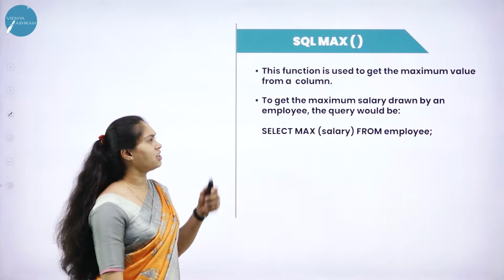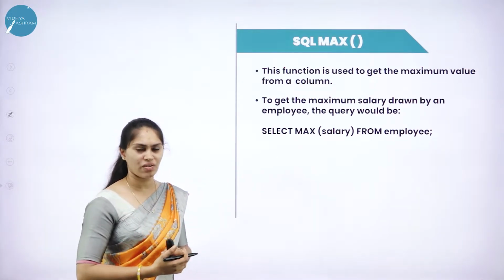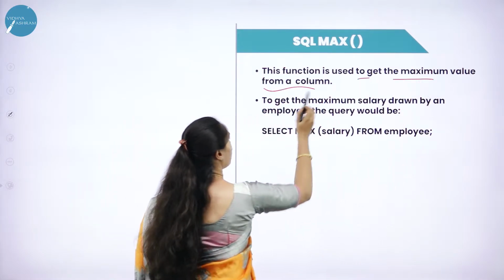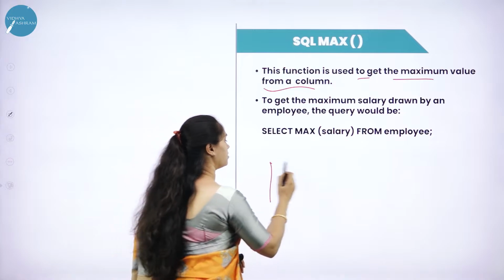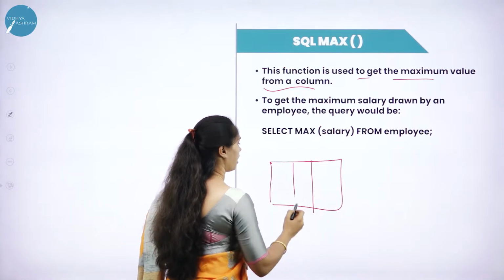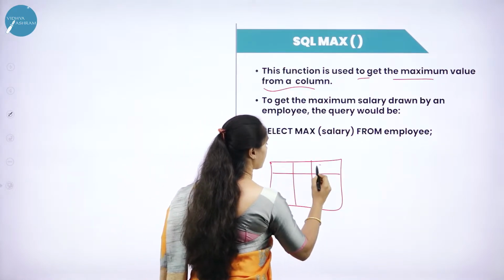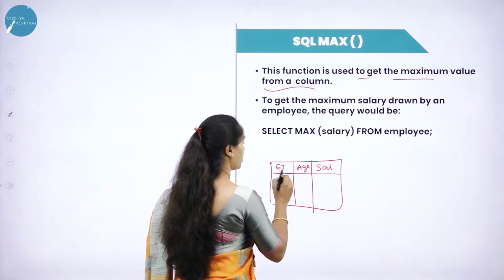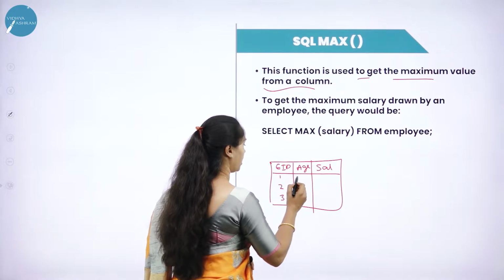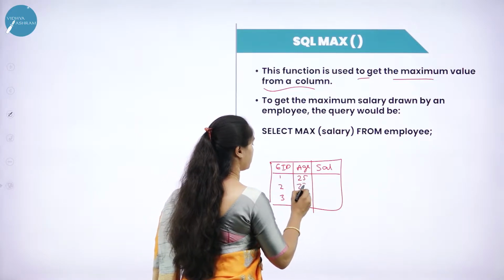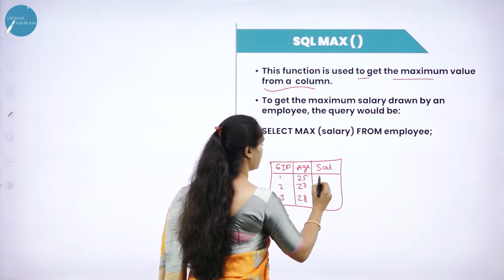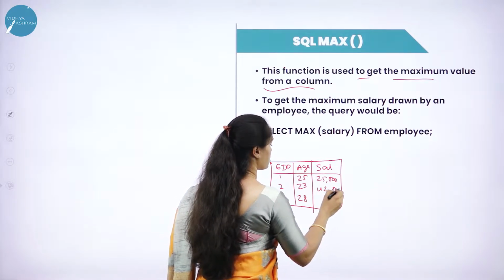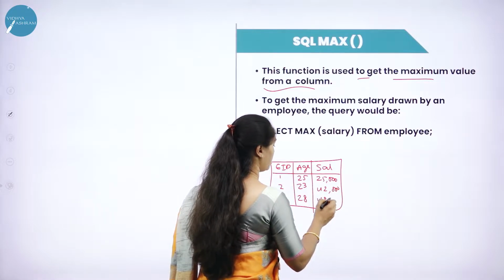So we'll see about the SQL max. This max function is used in order to get the maximum value from a column. For example, consider salary, age and employee ID: 1, 2, 3, ages 25, 23, 28, and salaries 25,000, 42,000 and then 48,000.